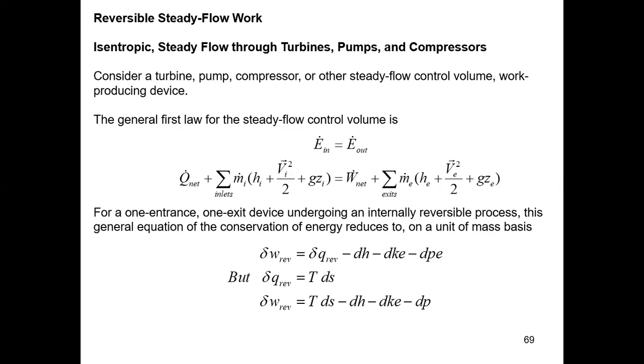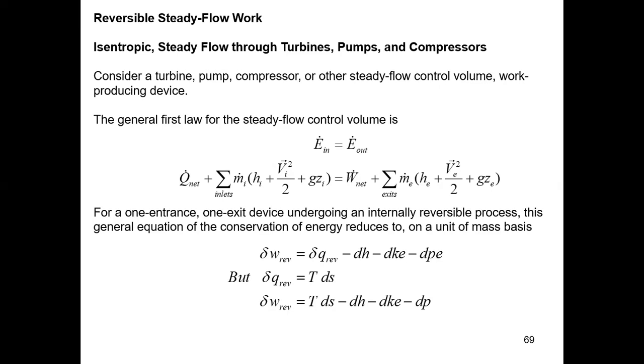E dot in can be written as Q dot net plus the sum of mass flow rate times enthalpy plus kinetic energy plus potential energy. On the other side, E dot out is W dot net plus the exiting mass times again enthalpy, kinetic energy and potential energy.